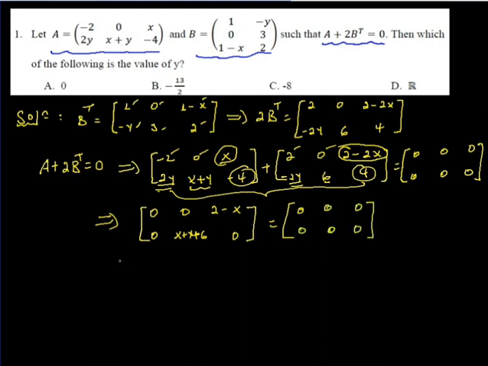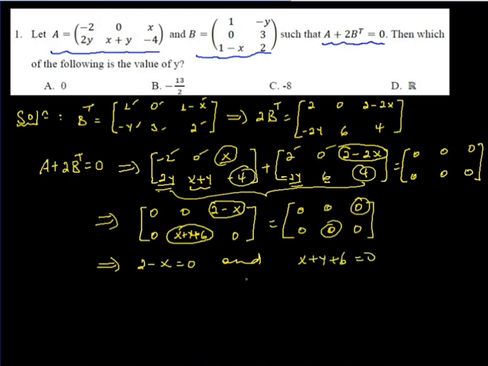So these two matrices are the same, which means 2 minus x must be 0, and x plus y plus 6 must be 0. From here x will be 2, and use x in place of here.